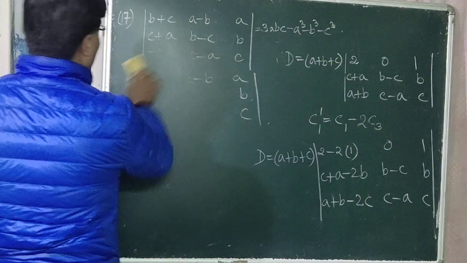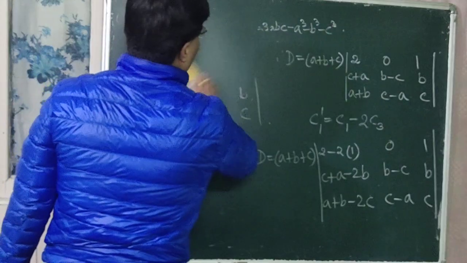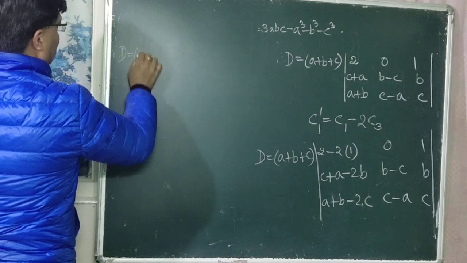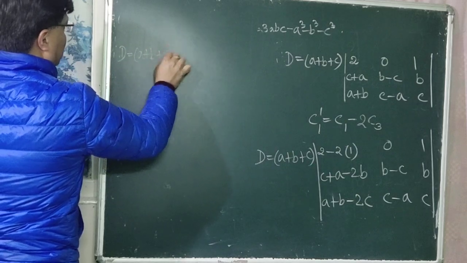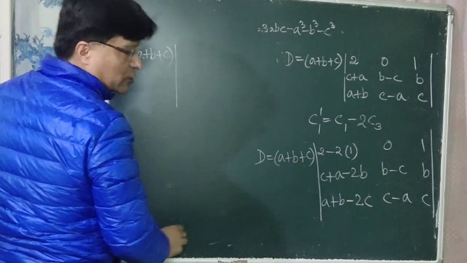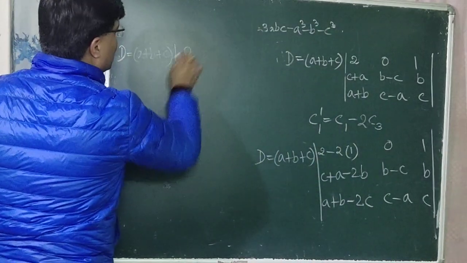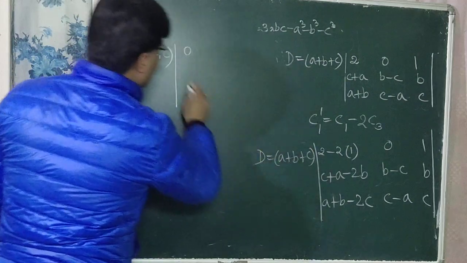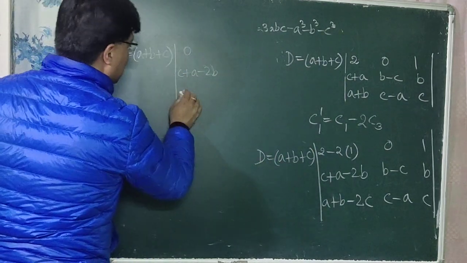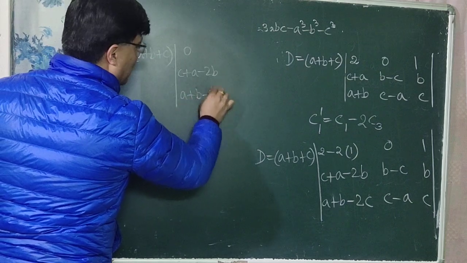Now, write down A plus B plus C. So now what is the new first column? 2 minus 2 is always 0. 0 I go. This is C plus A minus 2B. C plus A minus 2B. Next, A plus B minus 2C.